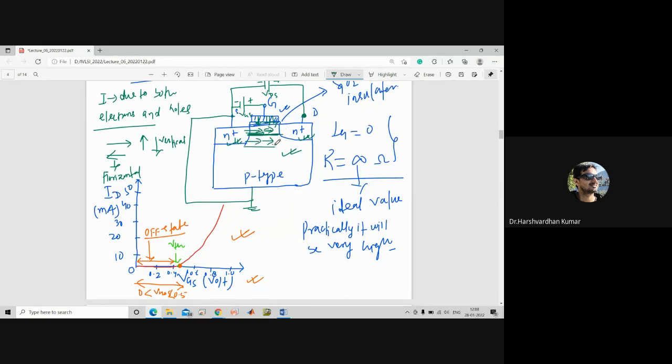So this is known as the device length. The distance between source and drain is known as the channel length of the MOS transistor.